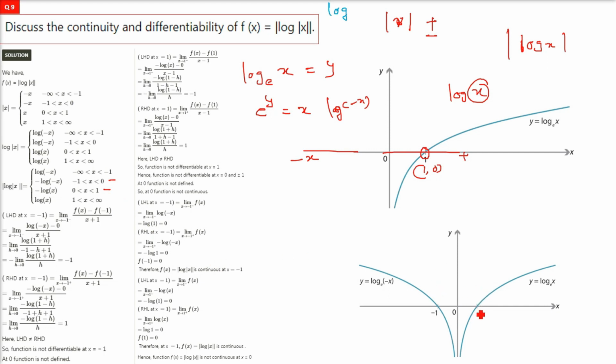See, when you put a modulus sign, I told you just now in one of the questions, y equals modulus x. When you have y equals x, there will be a straight line passing through the origin. But when you have y equals modulus x, there will be no negative value. So that particular line below has to go up. So these lines which are going below, they have to come up for log x.